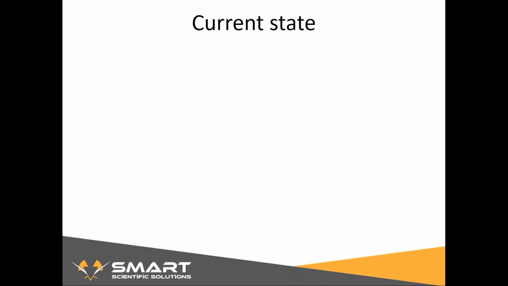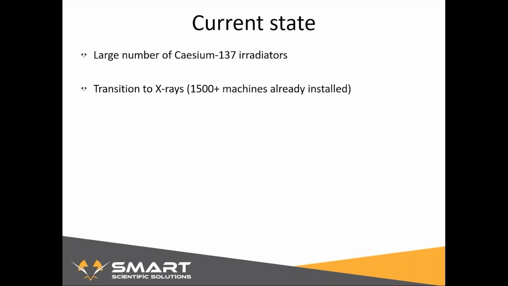So now I'll go over the current state of the radiation research without image guidance. A lot of those irradiators that are still used for these type of studies are cesium-137 irradiators, but there is a gradual transition to X-rays. This is because many governing bodies are pushing towards replacing the cesium irradiators and also maybe in the future ban them.